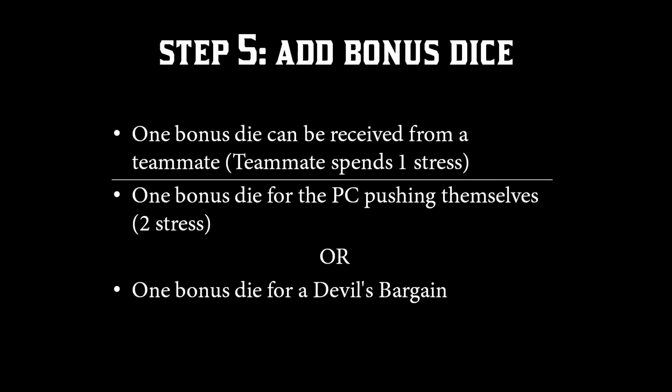So let's get into the devil's bargain. Devil's bargain is like the hard bargain in PBTA games. If you're familiar with PBTA games, sometimes on a 7 to 9 result, which is a mixed success, the GM will be able to give the player a hard bargain.